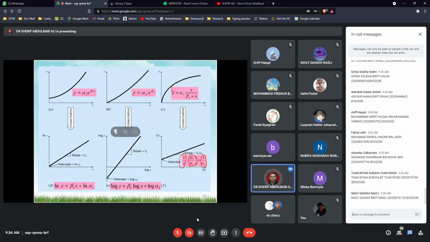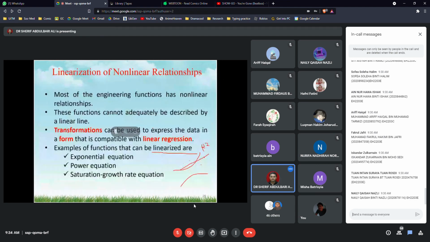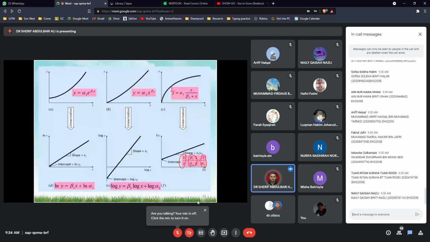No. You are having 3 types of equations. So exponential equation, power equation, and saturation growth. So if you have an exponential equation, you need to use ln. If it's a power equation, you need to use log. If it's saturation growth, you need to use 1 over Y and 1 over X. That's it.